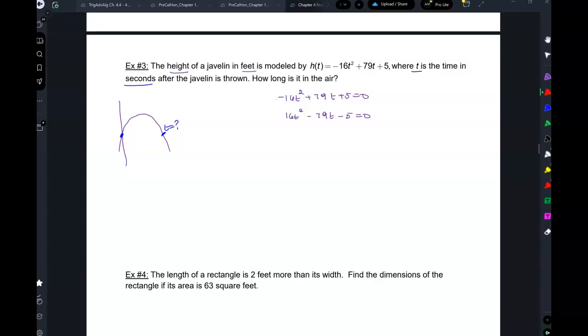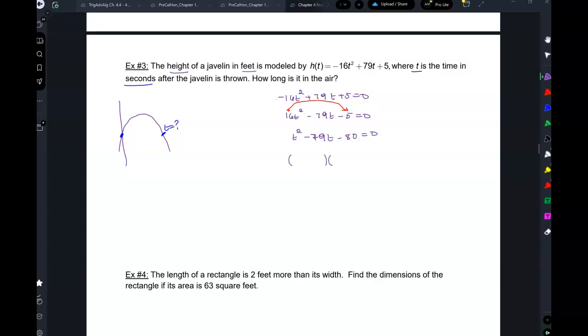What you do is you take this first number, the 16, you multiply it to the negative 5. So now I get t squared minus 79t minus 80 equal to 0. We're doing this temporarily.